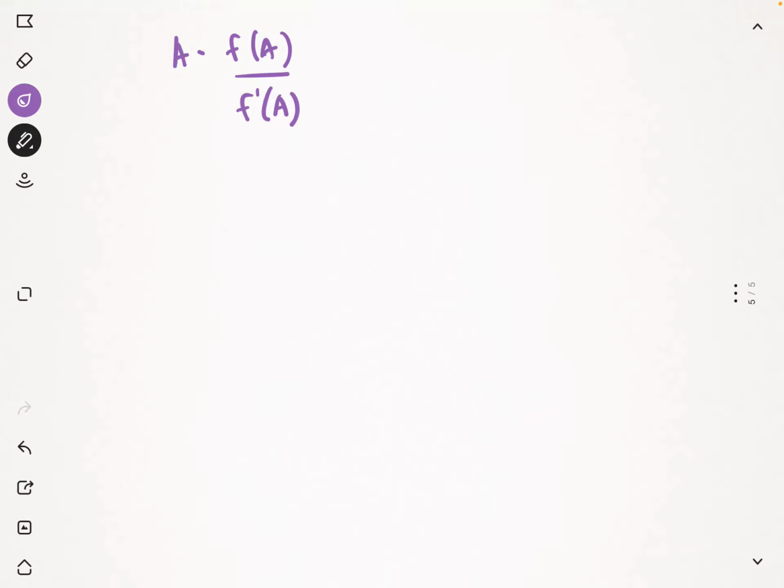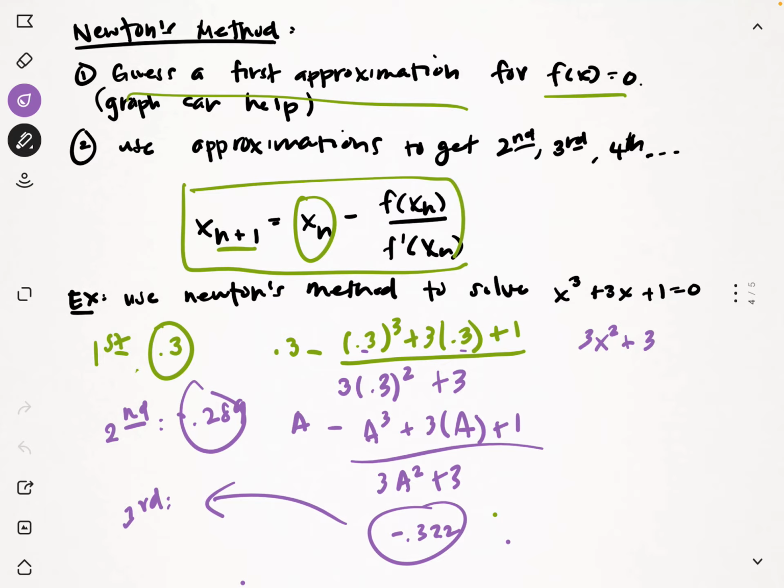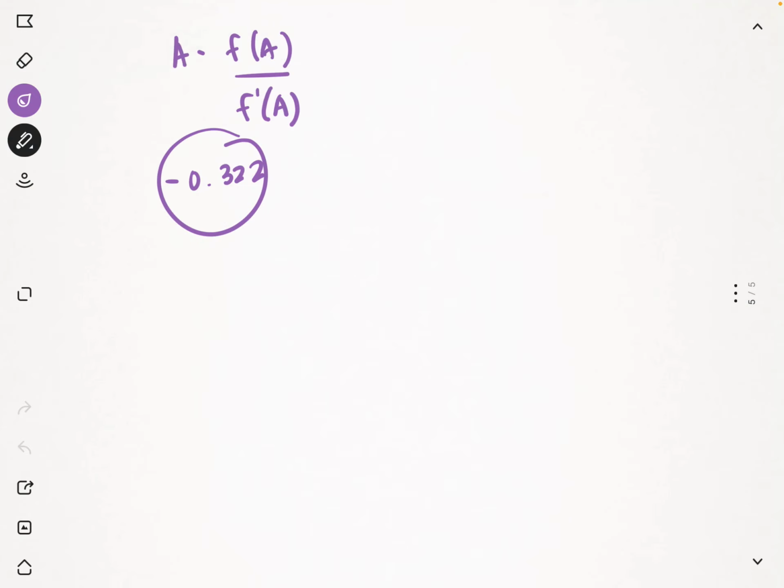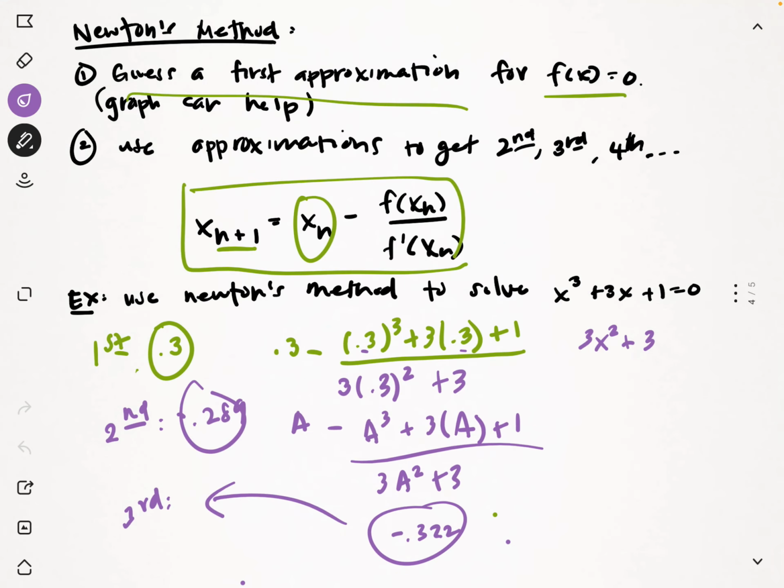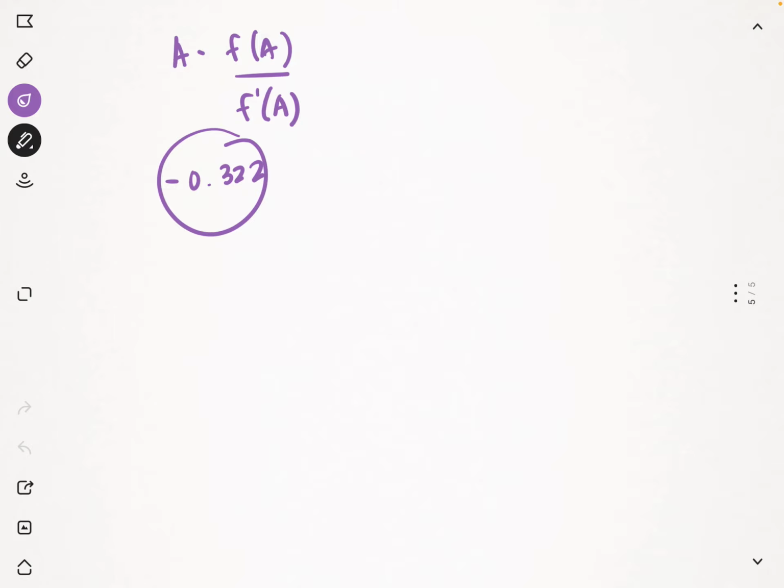And then the fourth approximation is going to be 0.322. So you notice that this number is getting ever and ever closer. Each time we jump, it's a tinier and tinier jump because it's getting closer to the actual answer. So notice this one was 0.3221, and then the last one was 0.3224, which is agreeing to 3 decimal places. So the more you do it, the more accurate you get. But after you do it a few times, it's going to be pretty much the answer we're looking for. So there's no sense in redoing it.